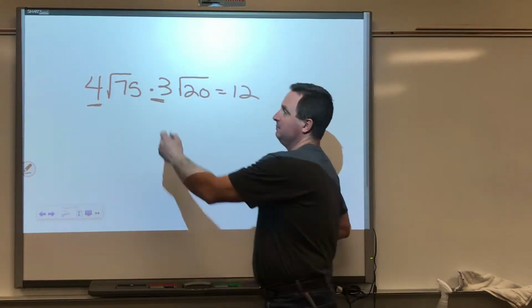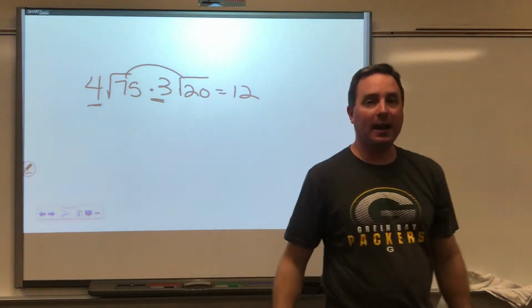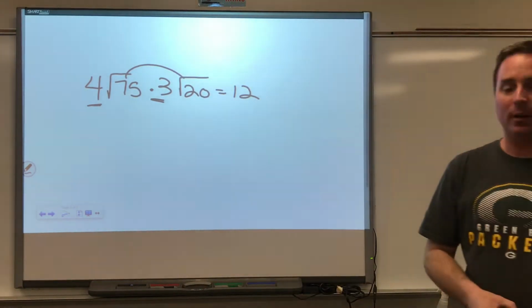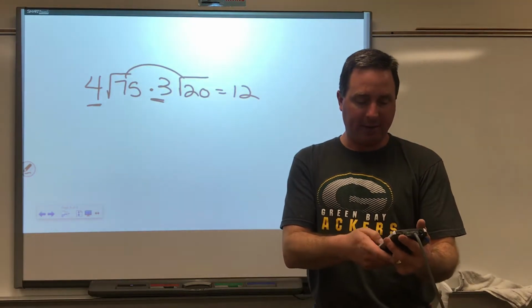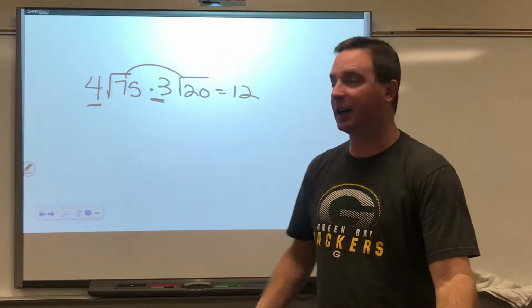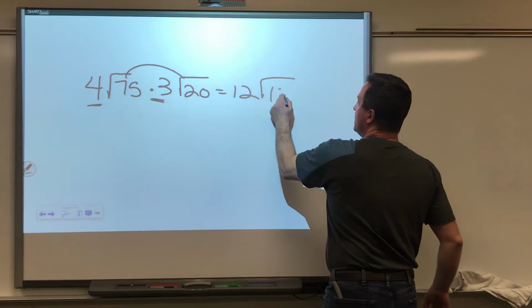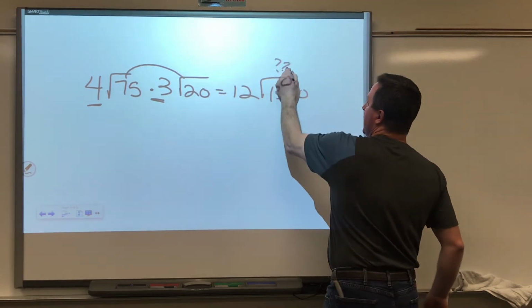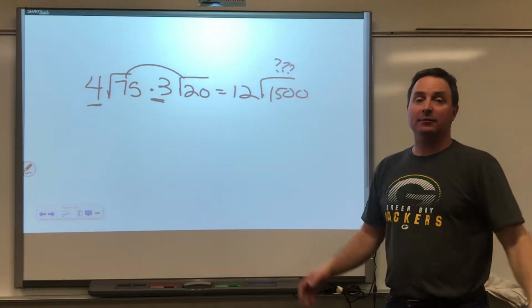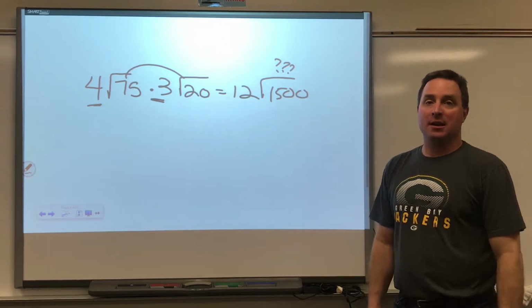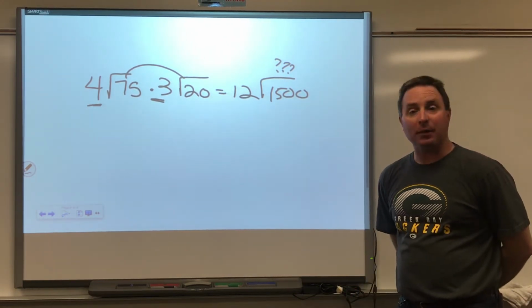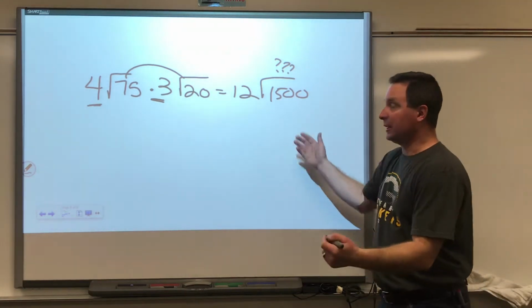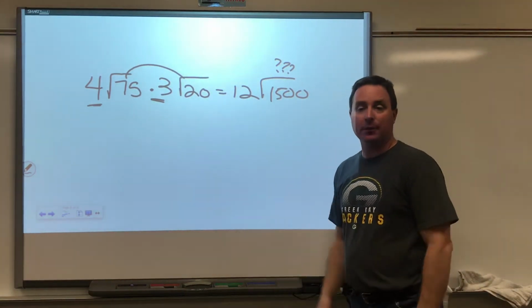And then the square root of 75 times the square root of 20, that's a big number. 75 times 20, it's the square root of 1500. Now, obviously 1500 is not on your factor sheet. That's a huge number. And off the top of your head, maybe you know a number that goes into that is a perfect square, and you could certainly factor tree it and so on from there.